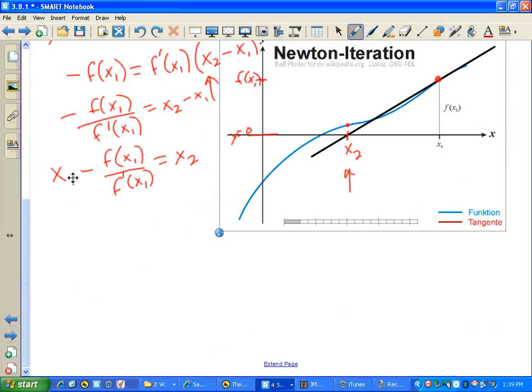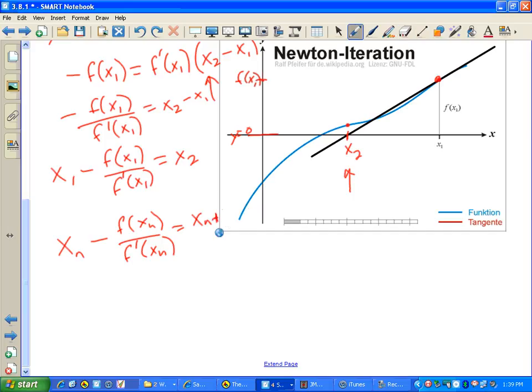So if we replace 1 and 2 with n's, so if we say, if I pick a guess, okay, maybe it's the 5th number that I've gotten out of this, and I subtract the function at that x value divided by the derivative at that x value, that's going to equal the next x value I should use.